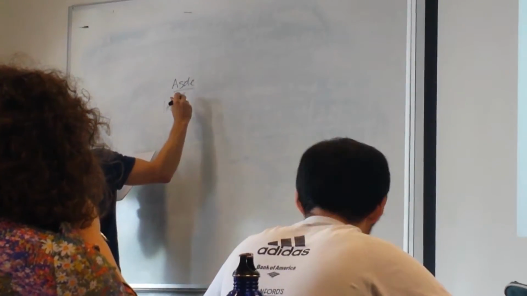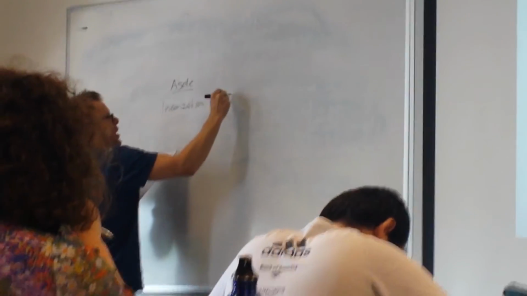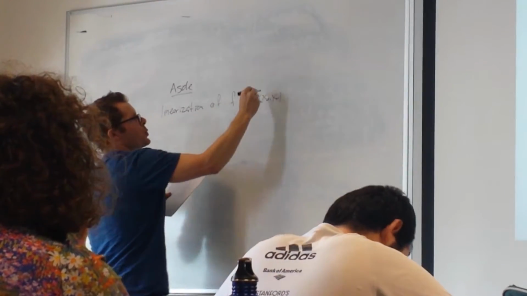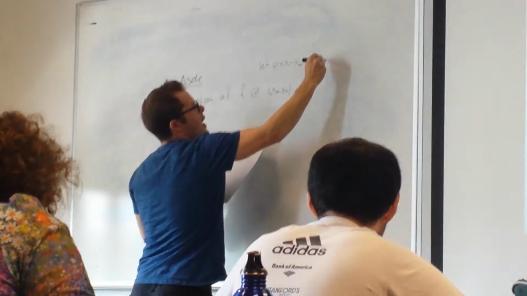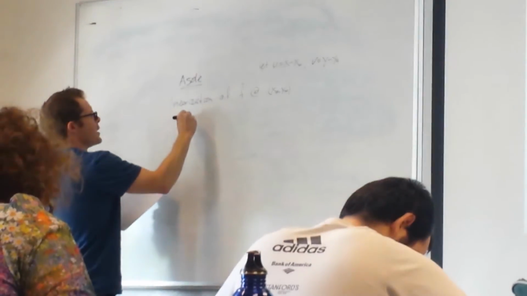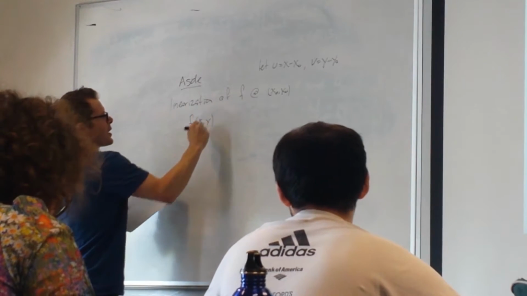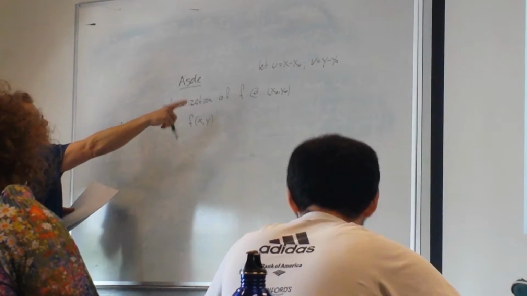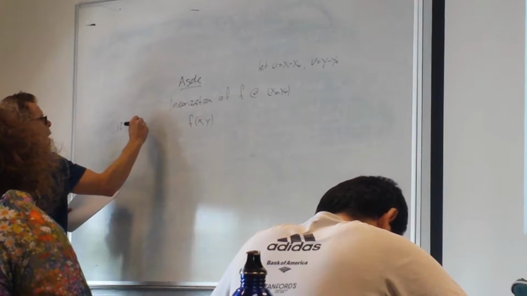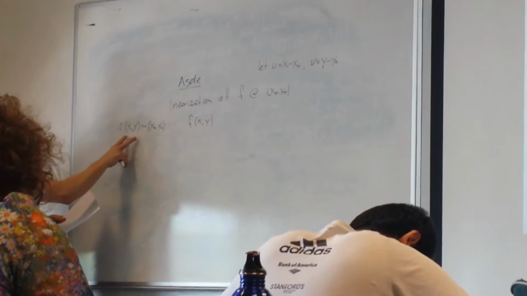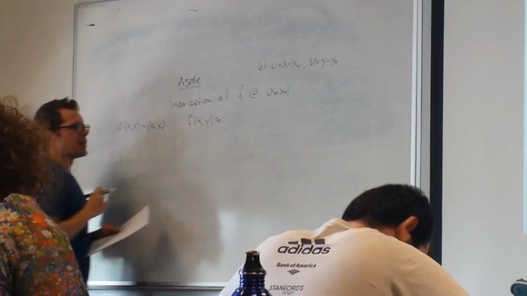So, linearization of a function f near a point x naught, y naught. Of course, we let u equal x minus x naught and v equal y minus y naught. If x, y is near that point, then f of x, y is approximately equal to its linearization.